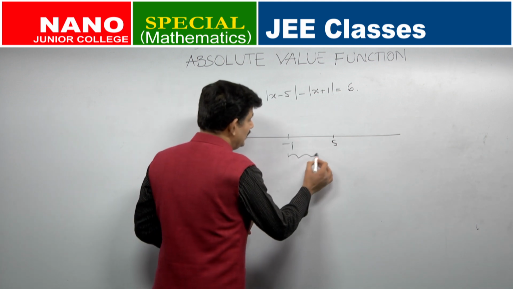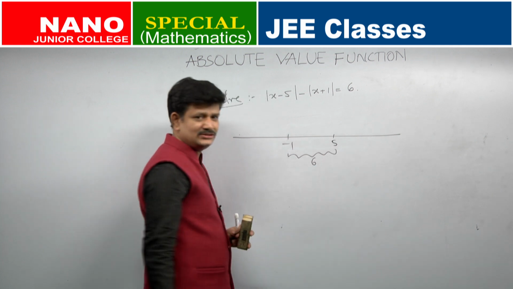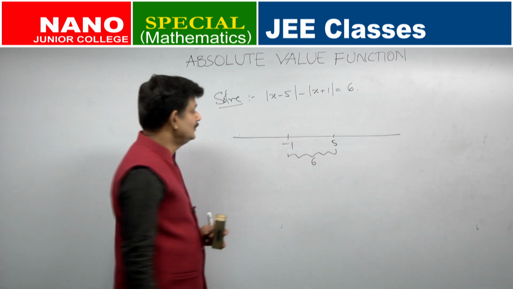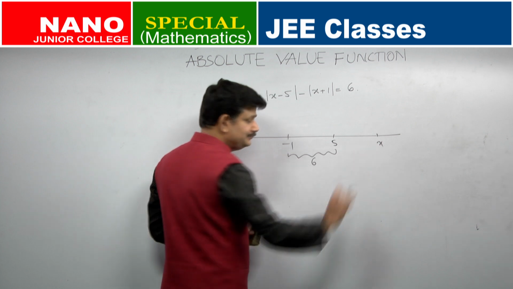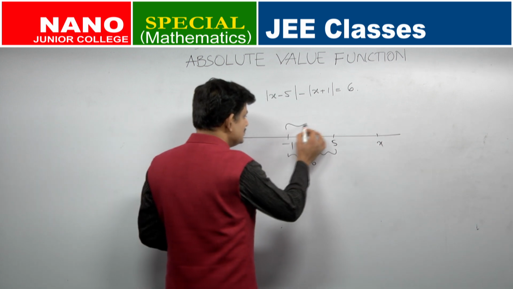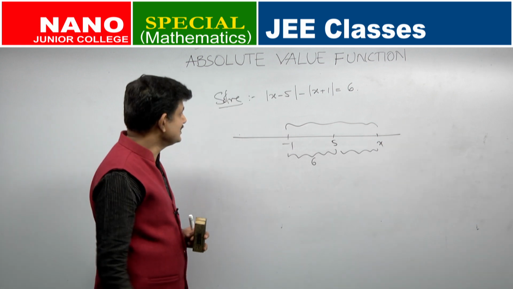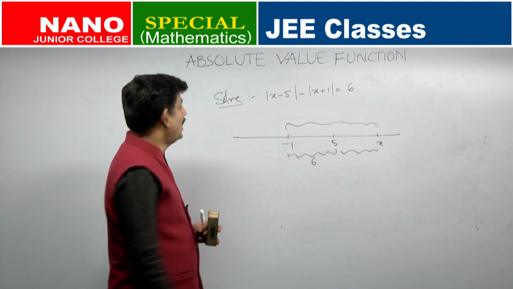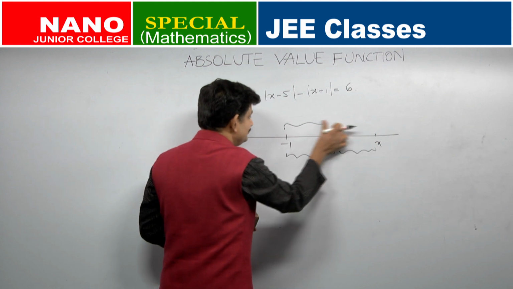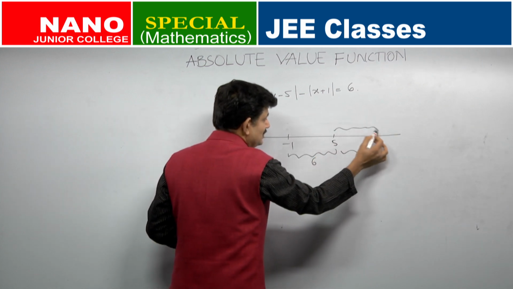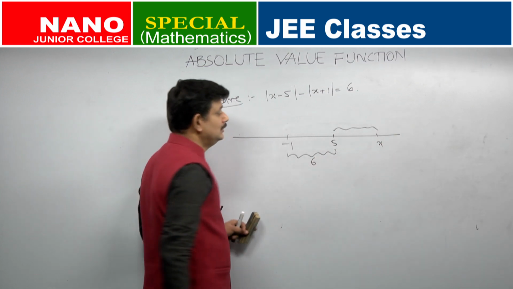Before that, I see that this distance is 6. Let me take any number here. This distance plus this distance, will it be 6? Sorry, I want this distance minus, it is not a sum in this case, it is a difference.